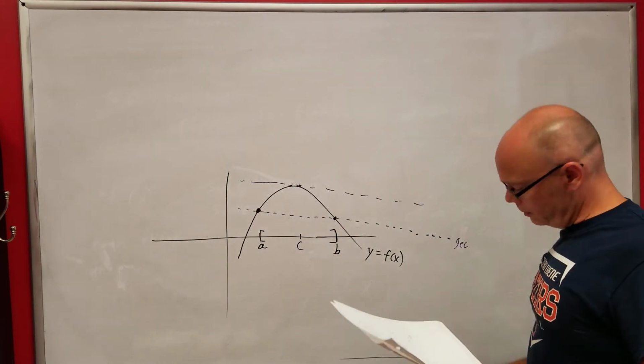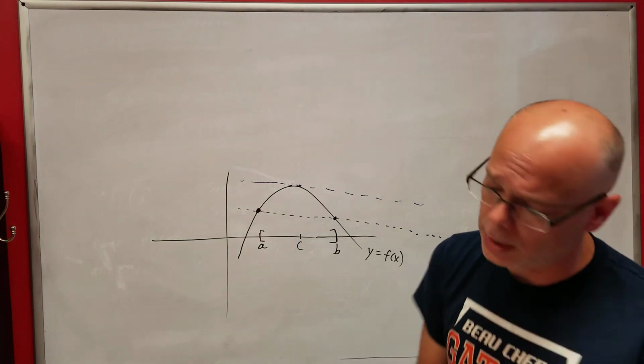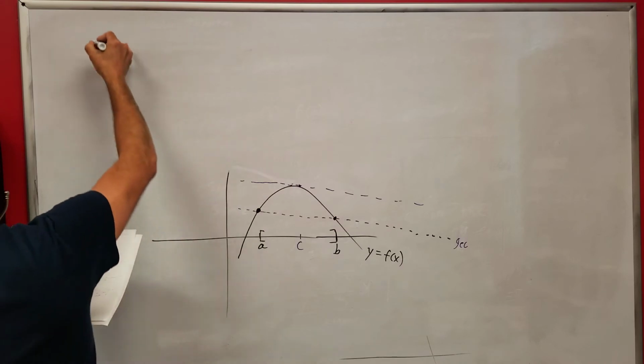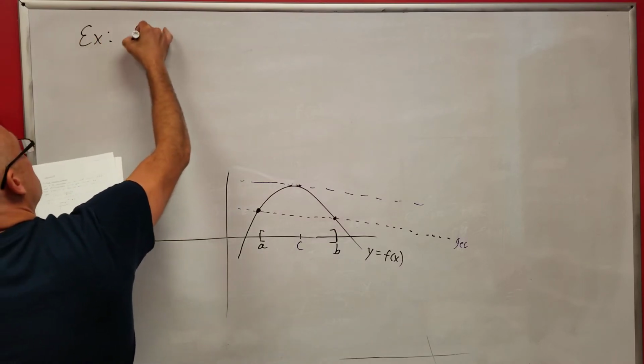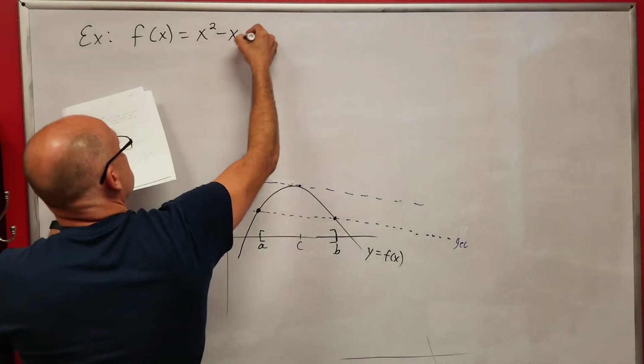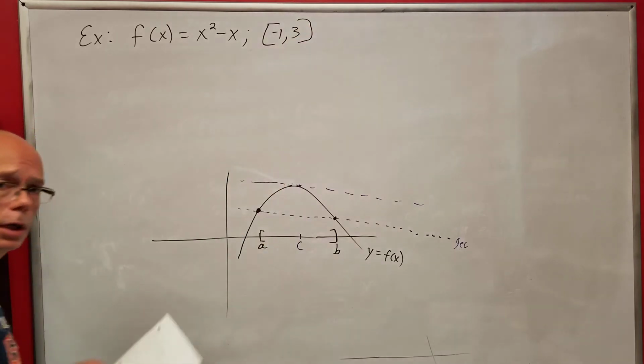On our example, find all values of c in the interval that satisfy the conclusion of the mean value theorem. We have f of x is equal to x squared minus x, and they tell me from -1 to 3, the closed interval.